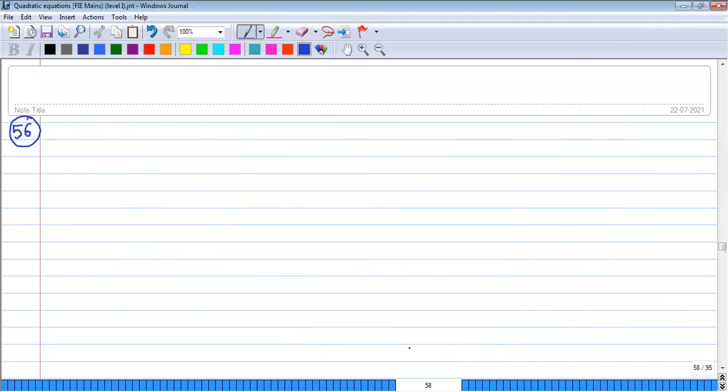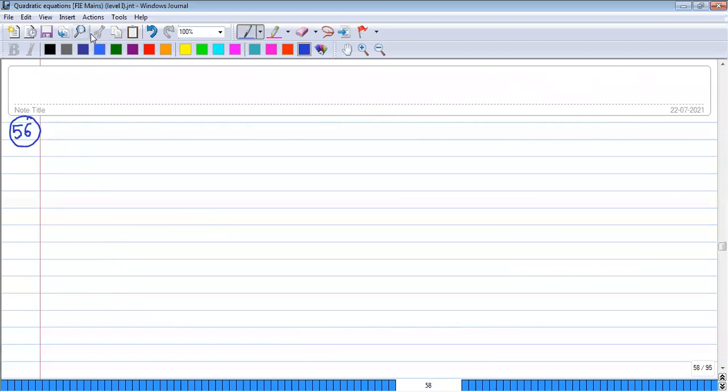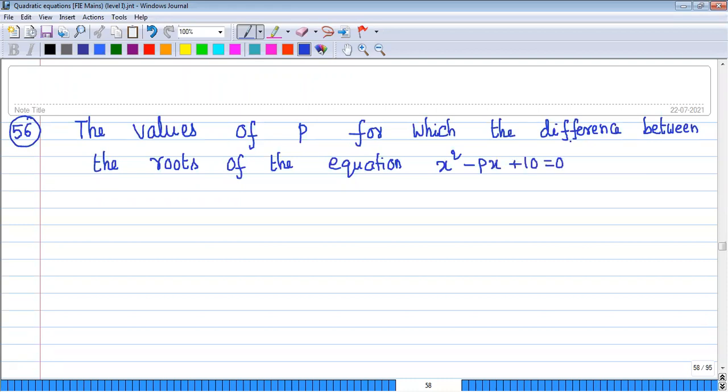Fifty-sixth question. The values of p for which the difference between the roots of the equation x square minus px plus 10 equals to 0 is 3.